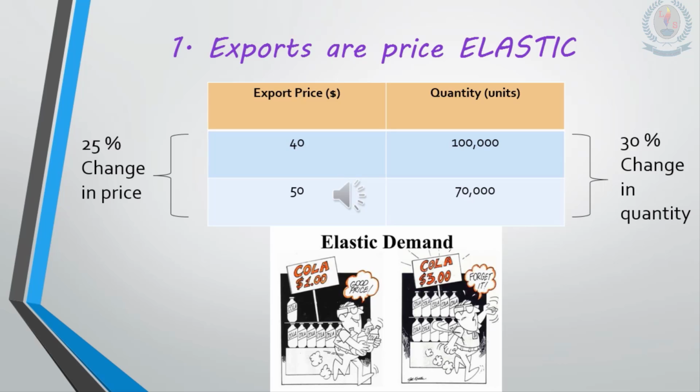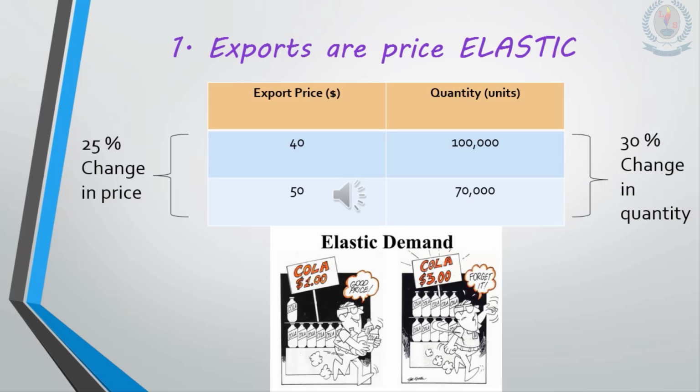Let us now look at an instance where the price elasticity of demand is elastic. That means the percentage change in quantity demanded will be higher than the percentage change in price. Let us look at the example. Earlier, when the price was $40, the quantity demanded was 100,000 units. But when the price increased to $50, the quantity demanded decreased to 70,000 units.